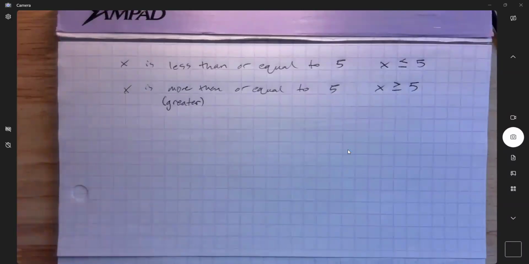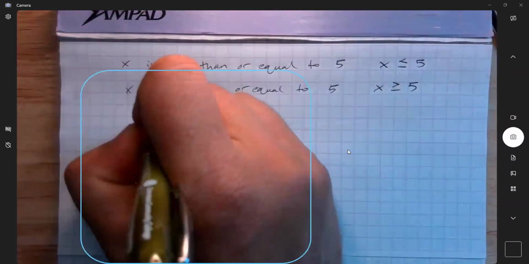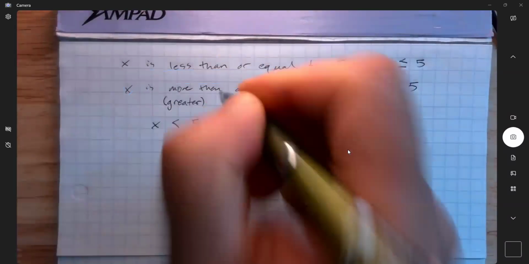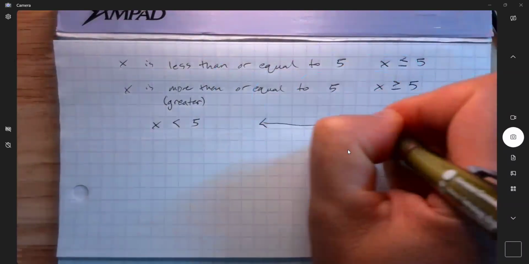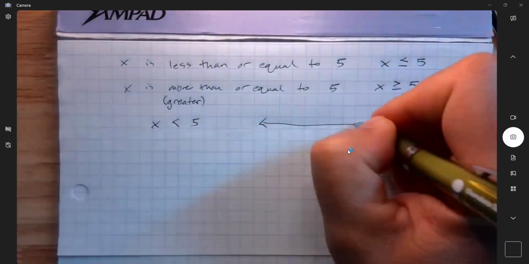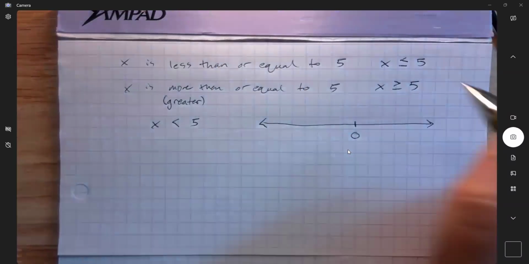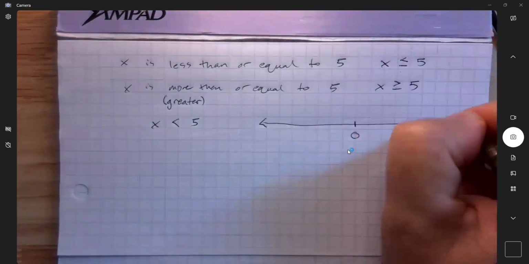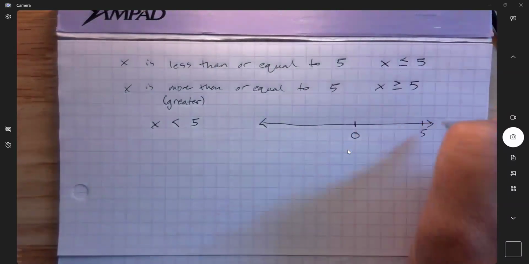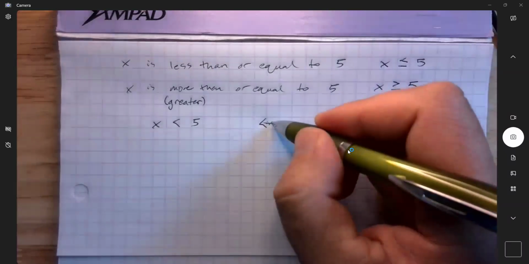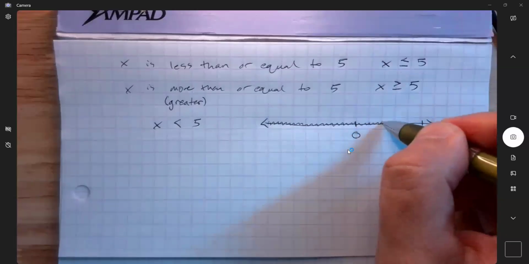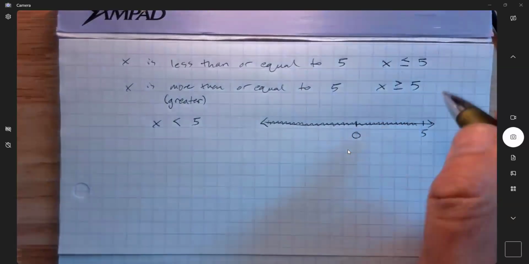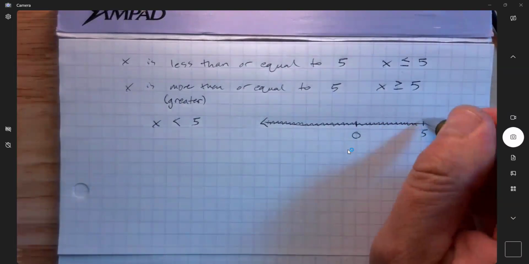Here we're going to start seeing the value of a visual representation, because not only can I do x is less than 5 with symbols, if I make myself a number line that represents all the numbers, and I mark a 5 right here, then any number here is less than 5. So all of this represents possible values for x, but 5 doesn't.